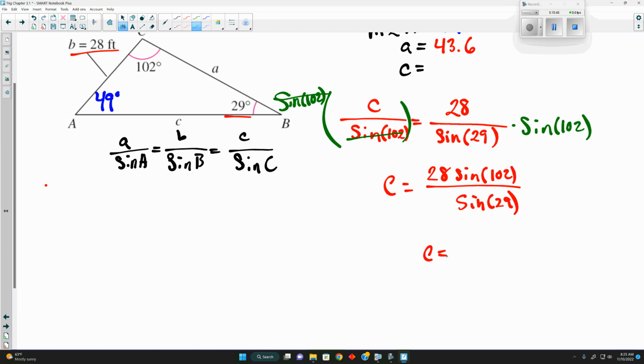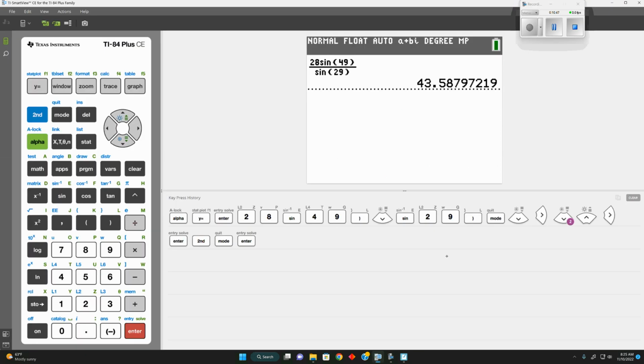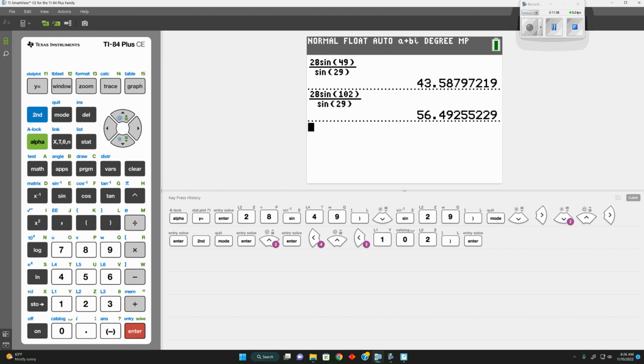And I will show you this here, because if we go back to the calculator, and this works on either one, what's the only difference between the one we typed in previously and the one we have now? The 49 is now 102. Well, I can bring it back down by selecting and hitting enter. And replace that one number and hit enter.